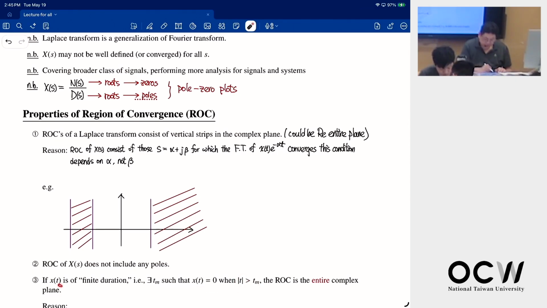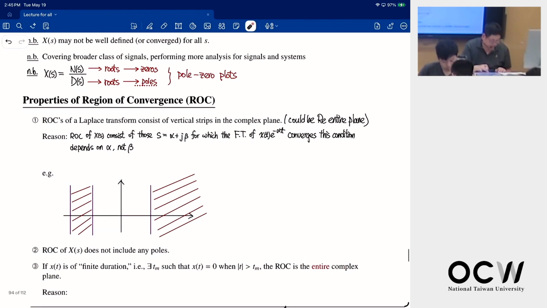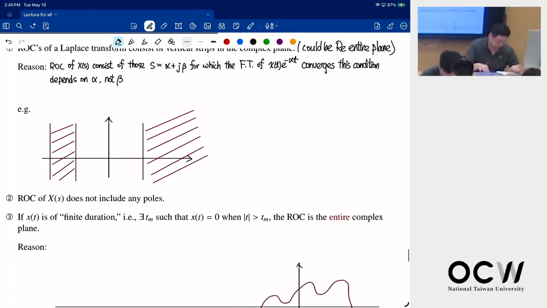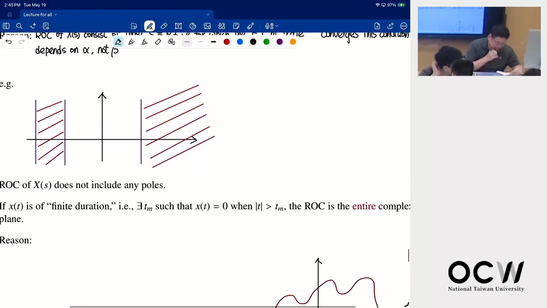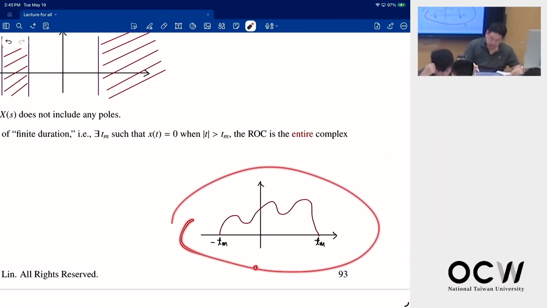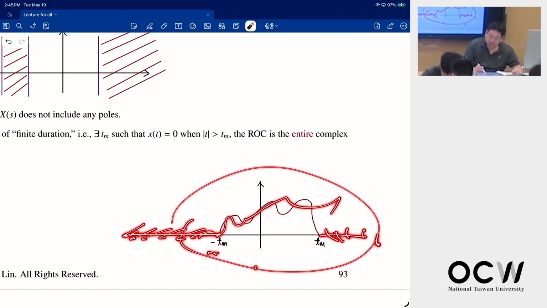In this case, the region of convergence is the entire complex plane. Here is the finite duration. Before minus Tm and after Tm, they're all 0. I only have values between minus Tm and Tm.